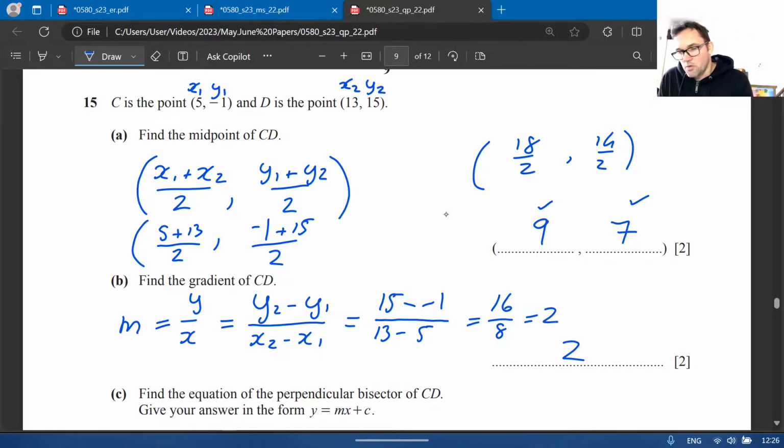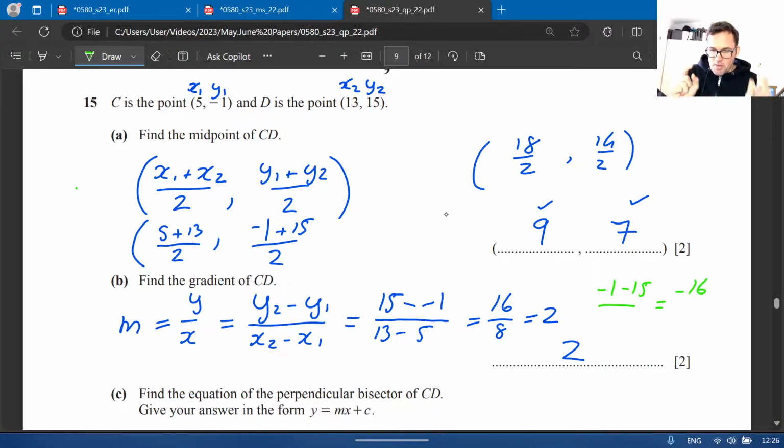How do we know which order to put these things in? That's a question I often get. Well, you can swap them around, as long as if you swap the x's around, you swap the y's around. For example, if we were to make minus 1 the y2, and we subtract from that the 15, we'll get negative 16.